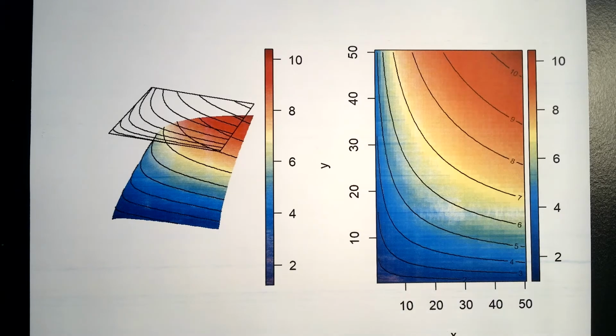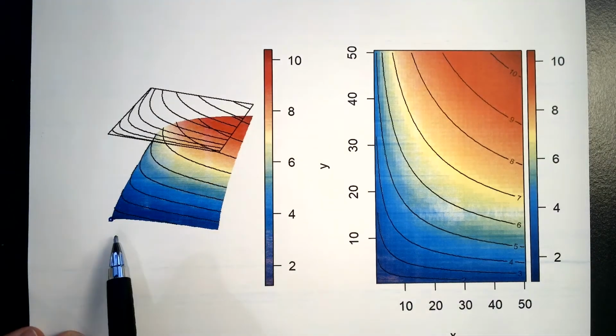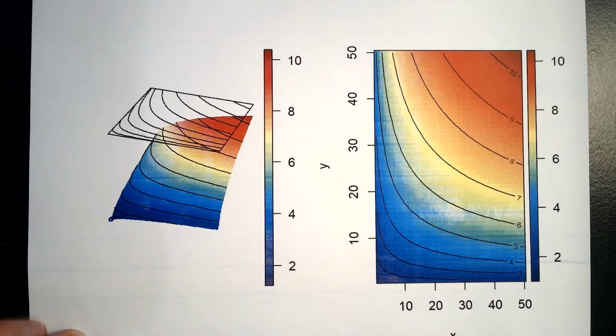This is something similar to what you have seen already in consumer theory, where on the left-hand side we have this three-dimensional representation of a production function.